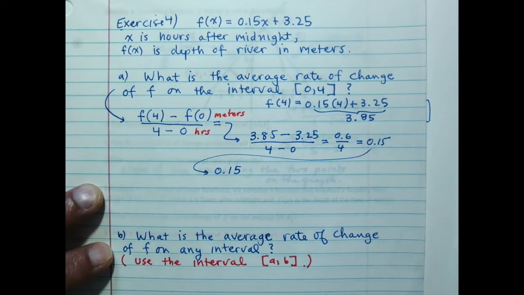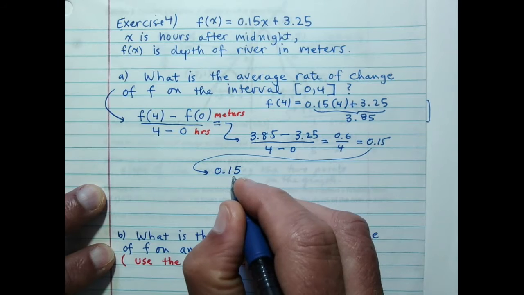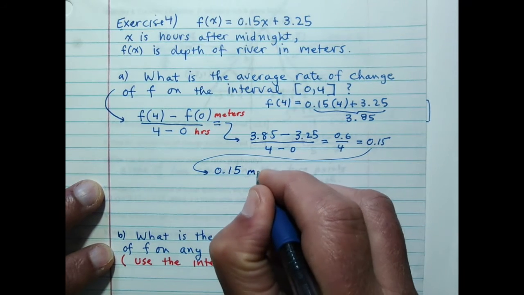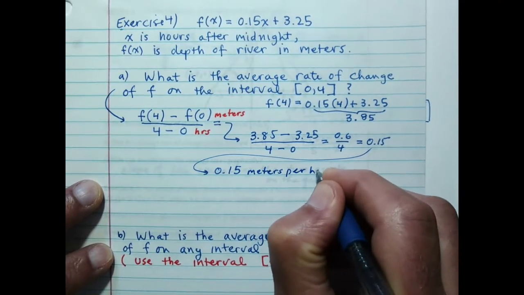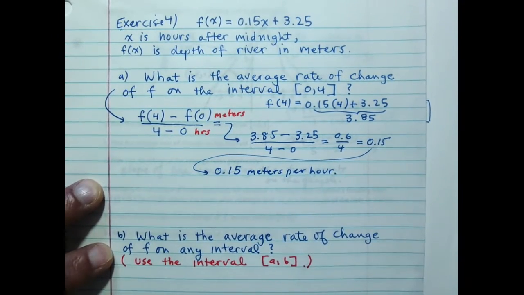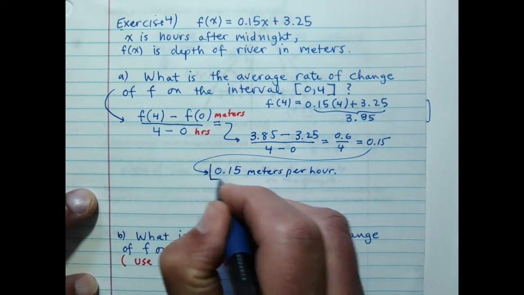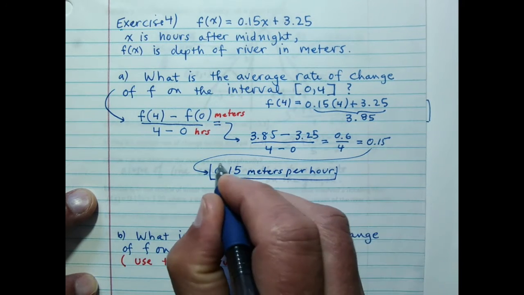So since we divided meters by hours to get the 0.15, our units are meters per hour, and those units are part of the average rate of change.